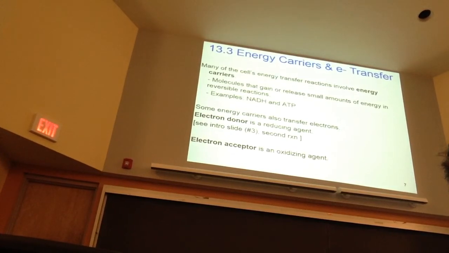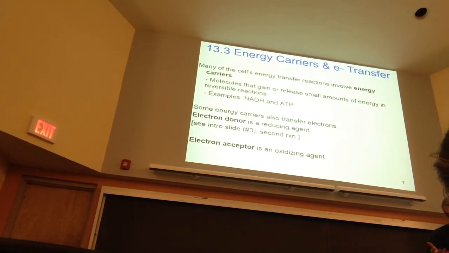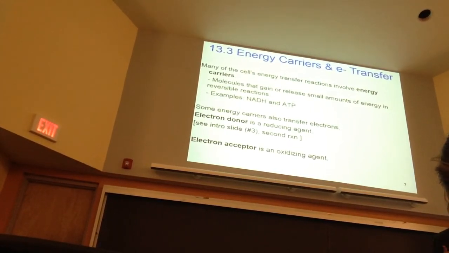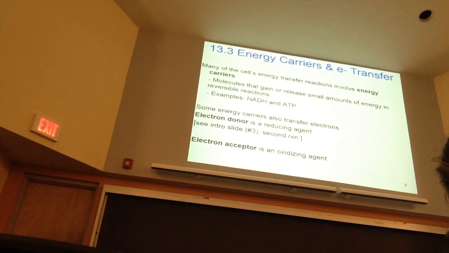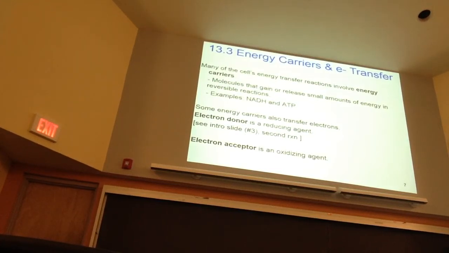And so if you're donating electrons, you are therefore reducing the compound that accepts that electron because you're reducing the charge. So there's some intuitive understanding there in terms of oxidation, but especially the term reduction. Reduction is the reduction of charge because it's accepted an electron.